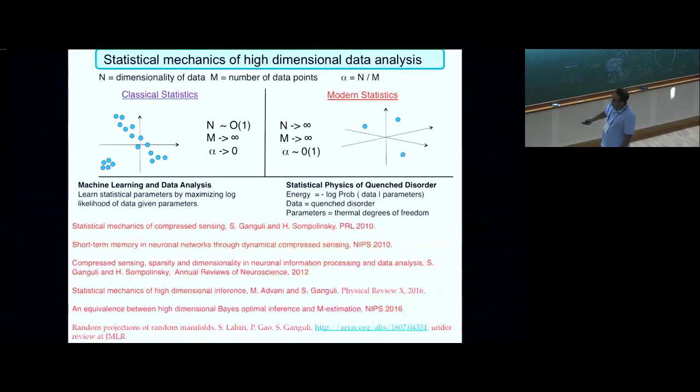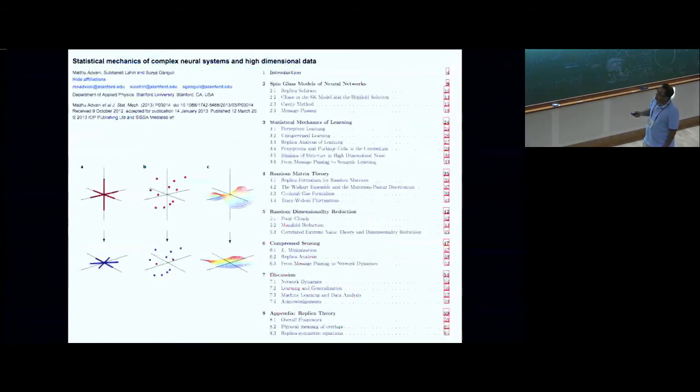So we've been working a lot on this high-dimensional statistics. And for physicists, if you're interested, we wrote a long review on the statistical mechanics of complex neural systems and high-dimensional data. I think for this crowd, after the intro talks that you've seen, this might be a great way for non-physicists to learn about the replica method, and also for people who know a little bit about the replica method and cavity method to see how it applies to a variety of topics.